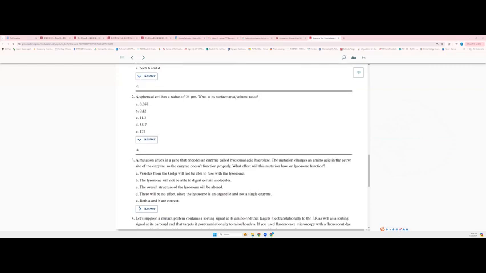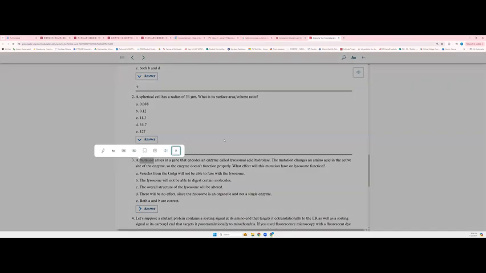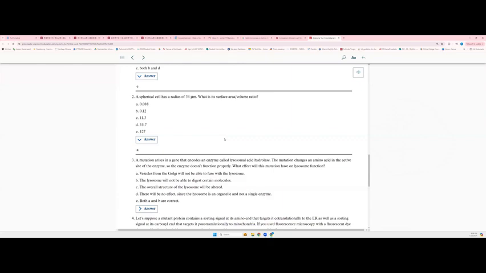Okay, a mutation arises. Mutation, what does it mean? For example, we can talk about the gene. My gene is different from your gene because I look different from you. I get my gene from my parents, so it should be identical, right?